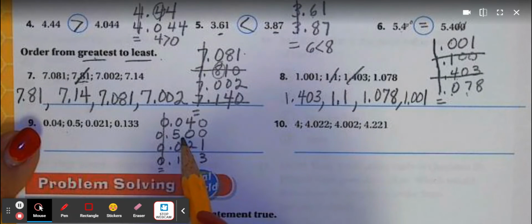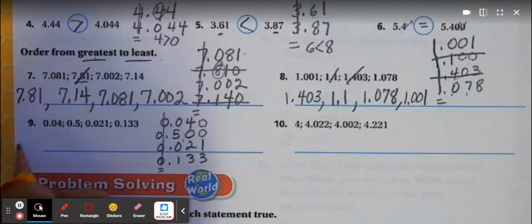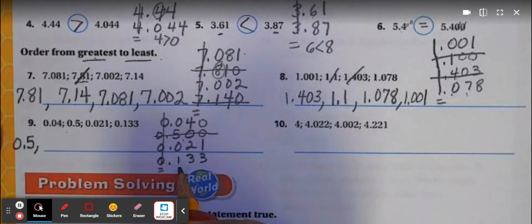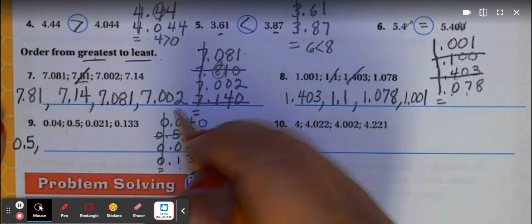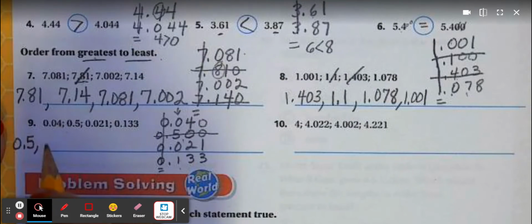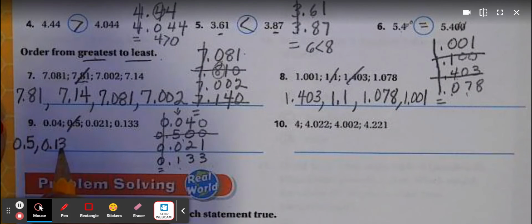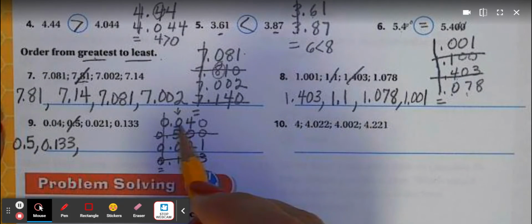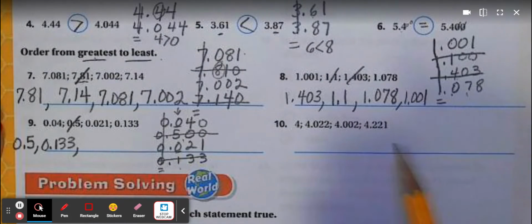The next largest number is 5 tenths, cross that out. Then I have 133 thousandths because I'm still in the tenths. Cross that out. Now, the last two numbers both have zeros.